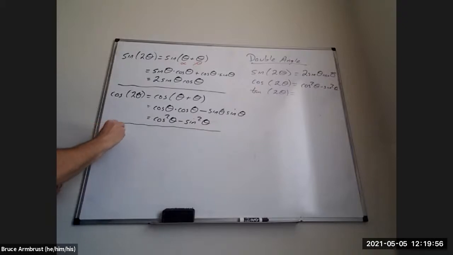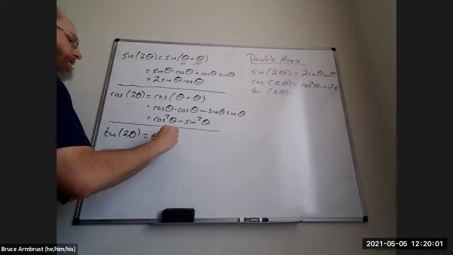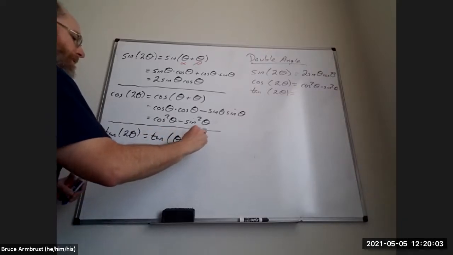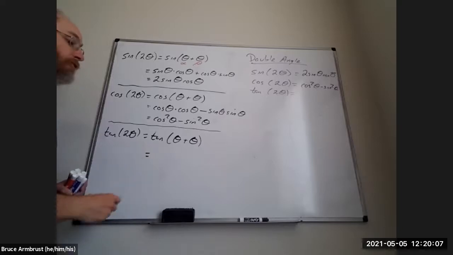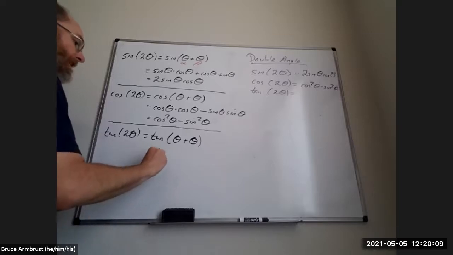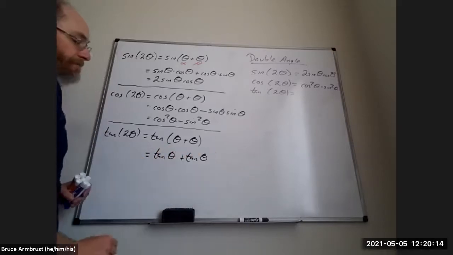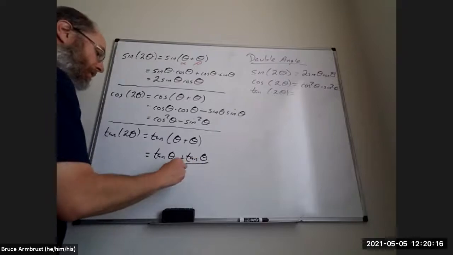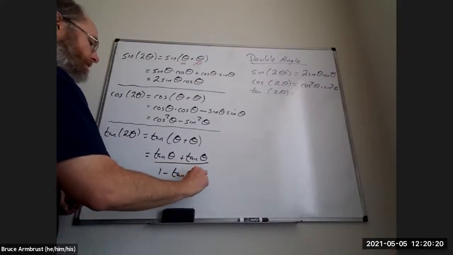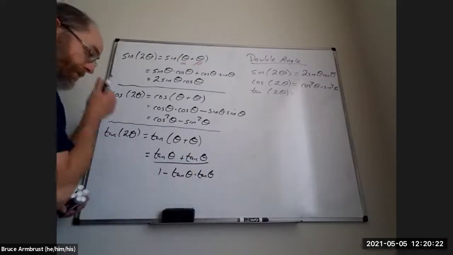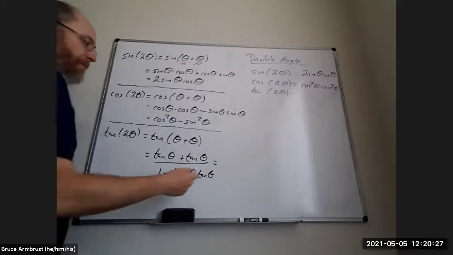So if we want to do the double angle identity for tangent, same story. There's going to be the tangent of theta plus theta. That form was the tangent of the first one plus the tangent of the second, so we'll just put thetas in for both. And then on the bottom was 1 minus the tangent of the first times the tangent of the second. We can combine this and simplify it a bit.